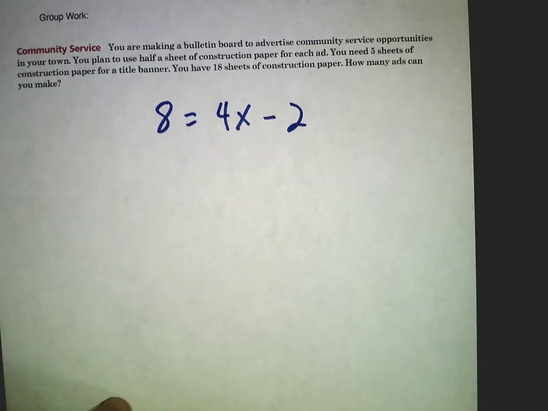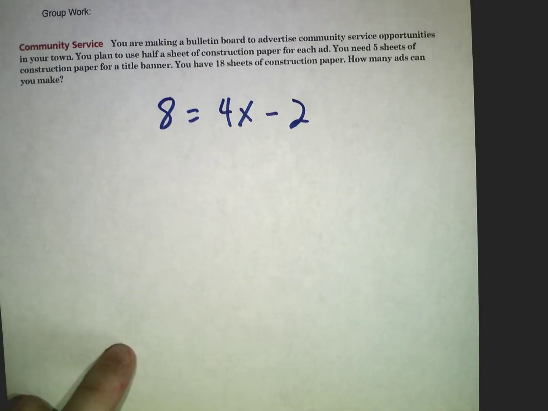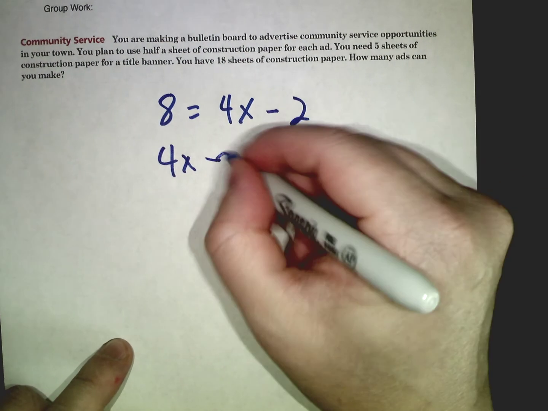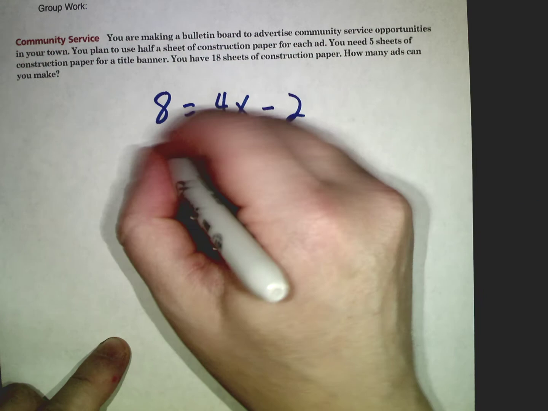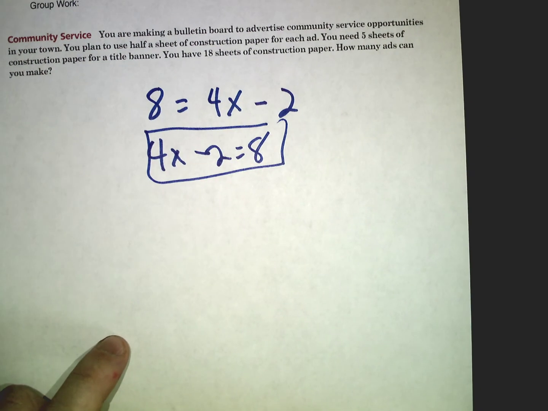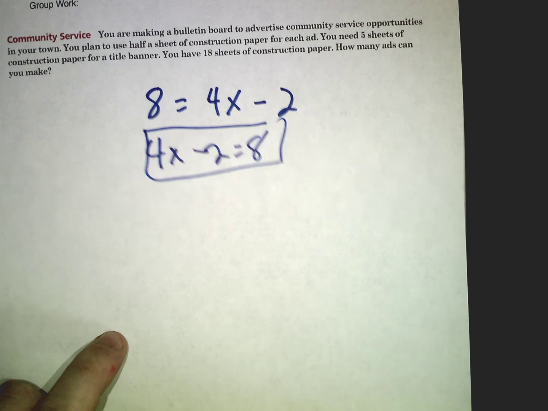We know it's going to look something like this. If you remember correctly, a two-step equation actually looks a lot like y equals mx plus b, but let's forget that we know that. So we can have a skeleton.